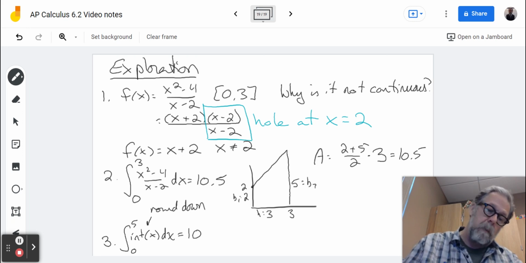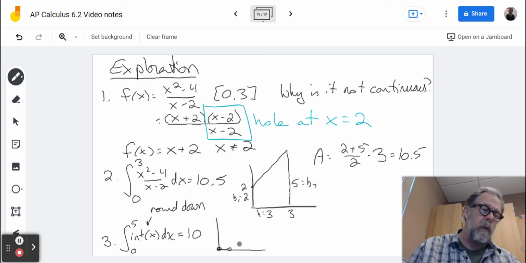All right, welcome back. If we graph this function, here's what we see. Everything between 0 and 1 rounds down to 0. Everything between 1 and 2 rounds down to 1. Everything between 2 and 3 rounds down to 2. And so looking at this, I have an area of 1 here.